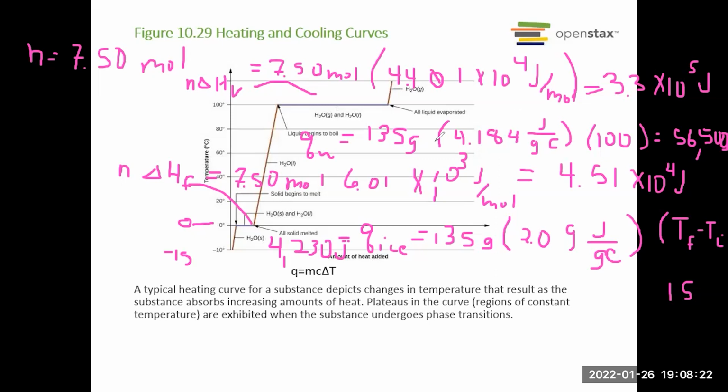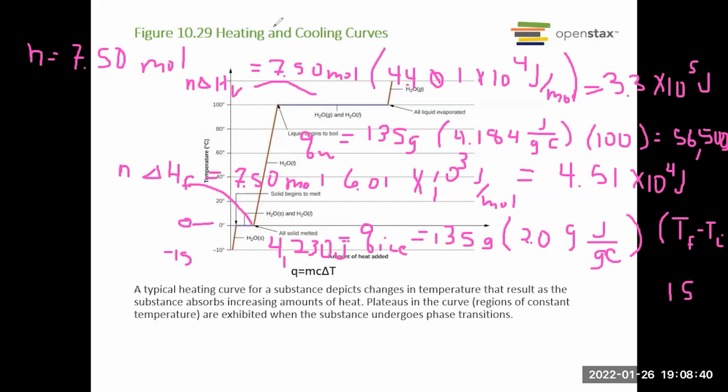And then we're going up that last stage from 100 to 120, right? So that's 20 degrees, 120 minus 100.